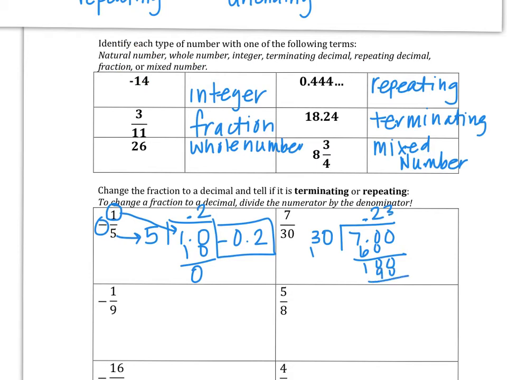Subtract, you get 10, 100. 30 goes into 100 3 times, and that's going to keep going on and on. So dot, dot, dot. So that is considered a repeating decimal. So the answer would be 0.233... Another way to write that is 0.23 with a repeating bar over the top.